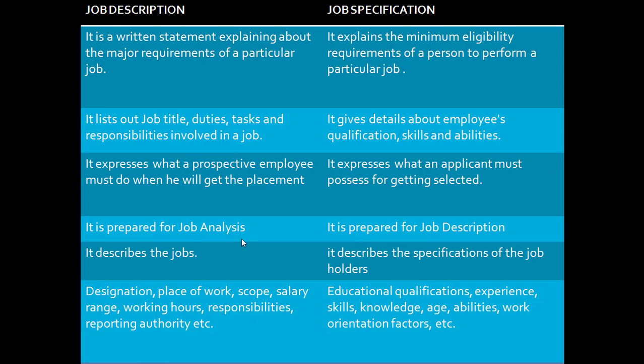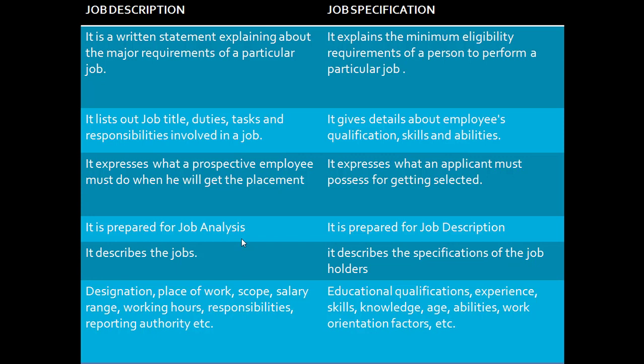Now let's see the difference between job description and job specification. See, job description is basically a written statement which explains the major requirements of a particular job, right? Like we saw in the example about the finance executive. The job specification explains the eligibility requirements of a person to perform the particular job. So job specification is related to the requirements of a person, that is the skills which a person requires. Okay.